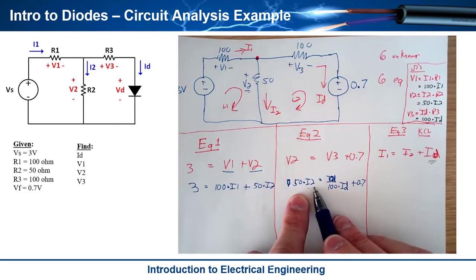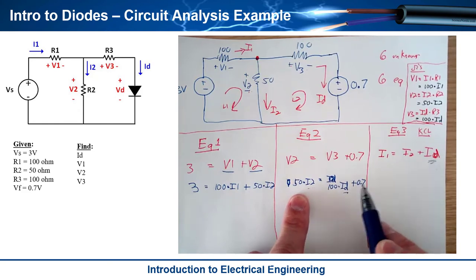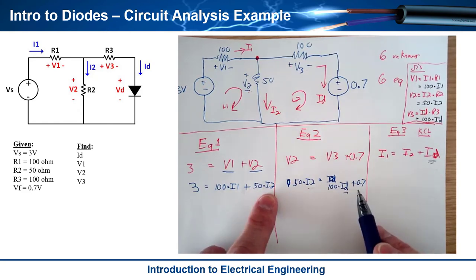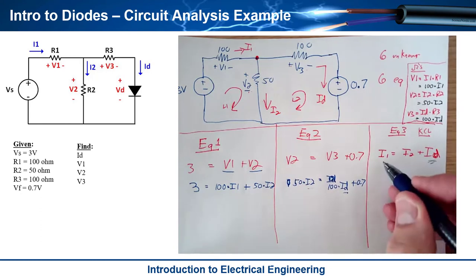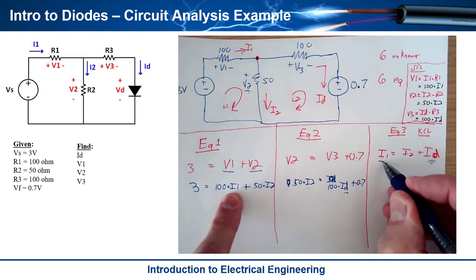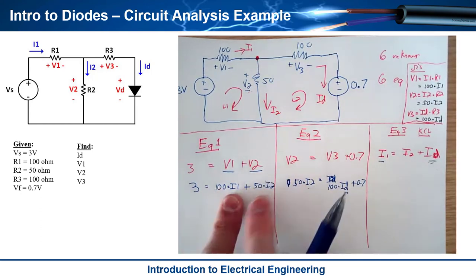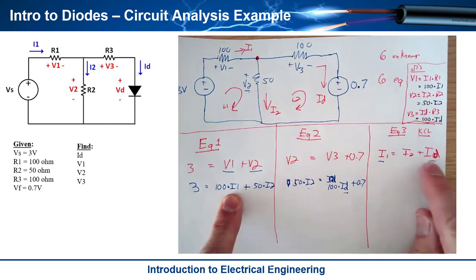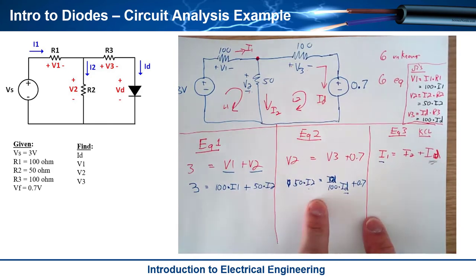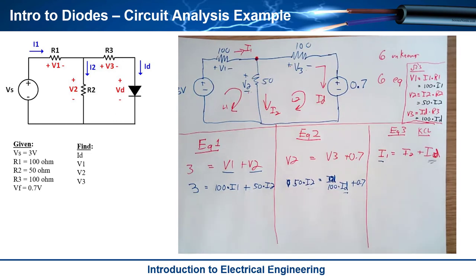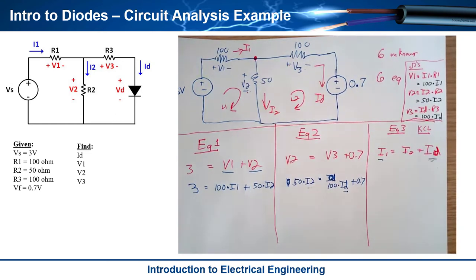This equation has I2 and ID. This one has I1 and I2. What if I substituted I1 into here? I would then have this equation in terms of I2 and ID, and I would have this equation in terms of I2 and ID, and I could get rid of the variable I1.